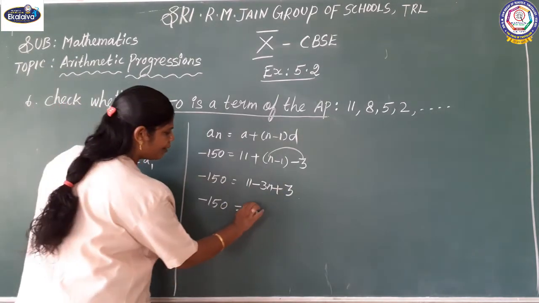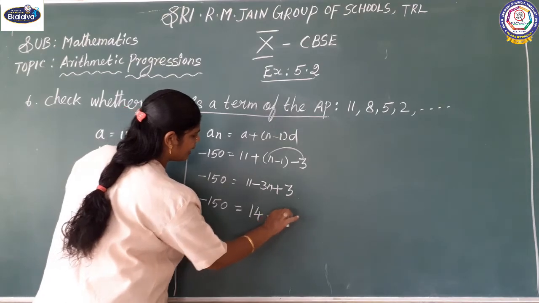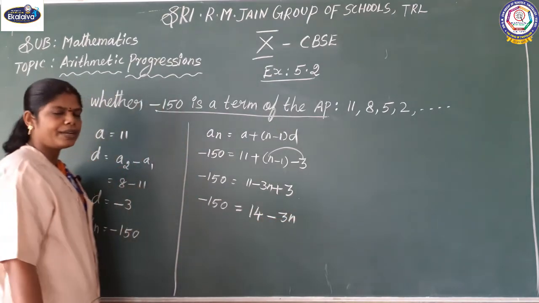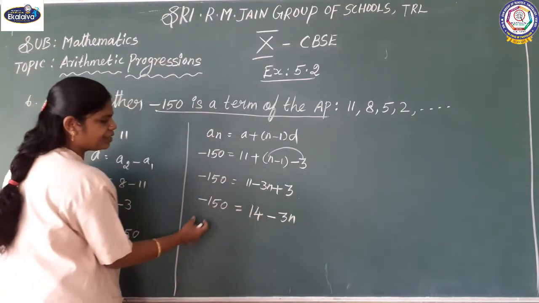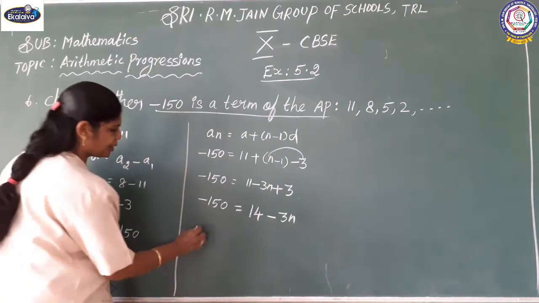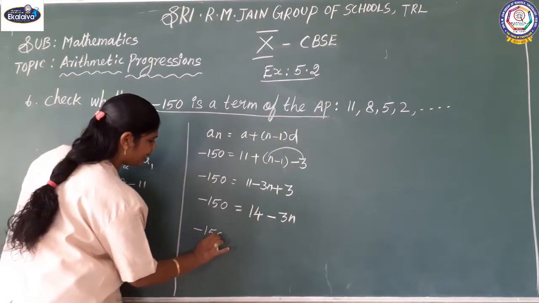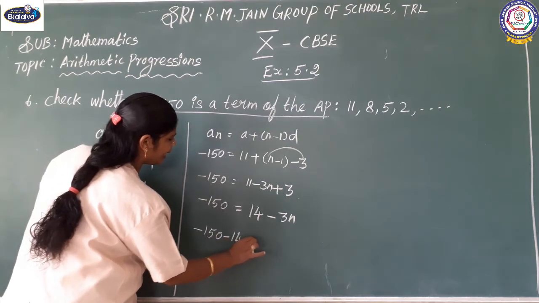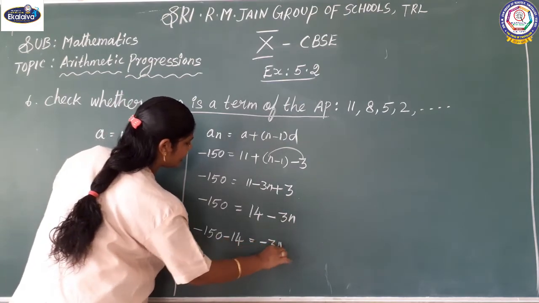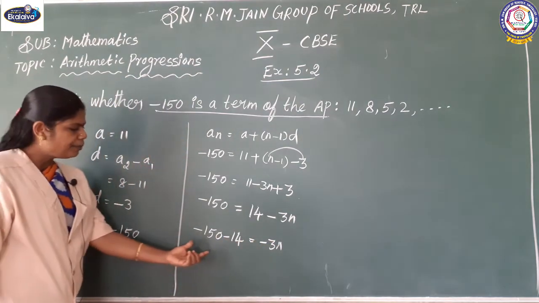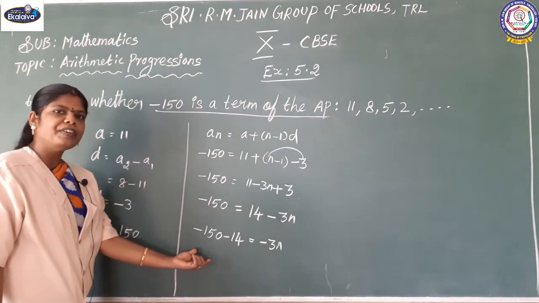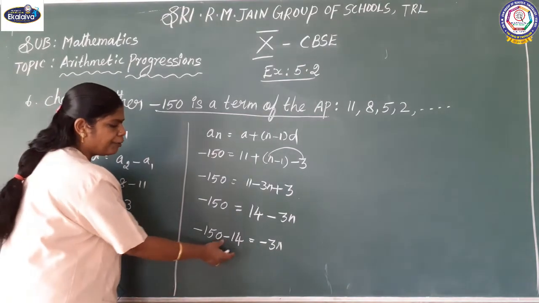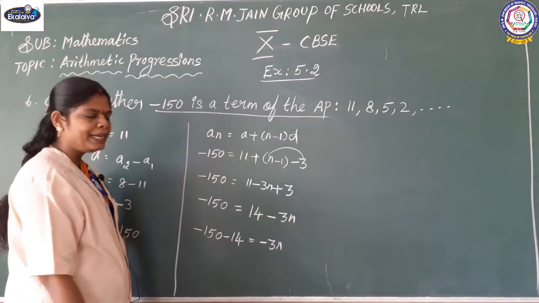So what will you get? 14 minus 3n. So the addition will change to subtraction on the other side. So minus 150 minus 14 equals minus 3n. Here both numbers have the same sign, so we need to add. Minus 150 minus 14, what will you get?